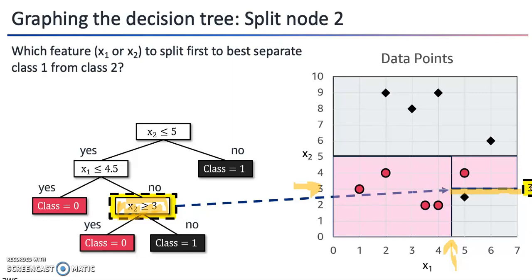Above the value of 3, we get a subregion that contains only 1 point that is correctly classified, and there is also another point below that, isolated and correctly classified.